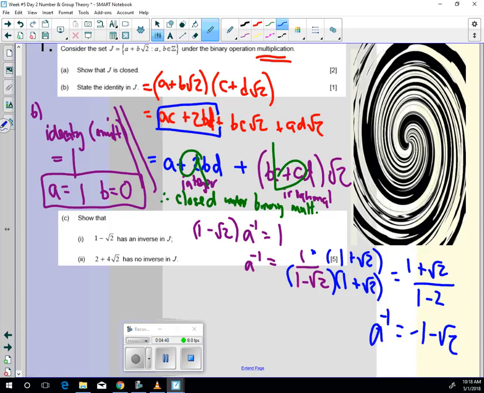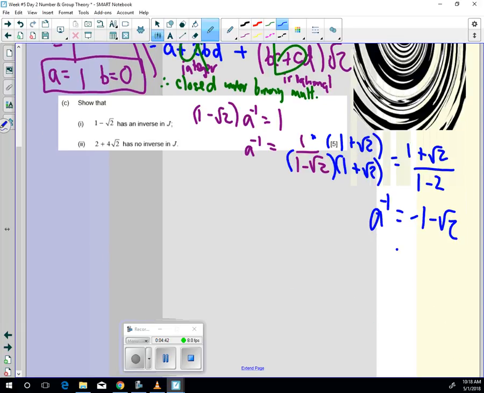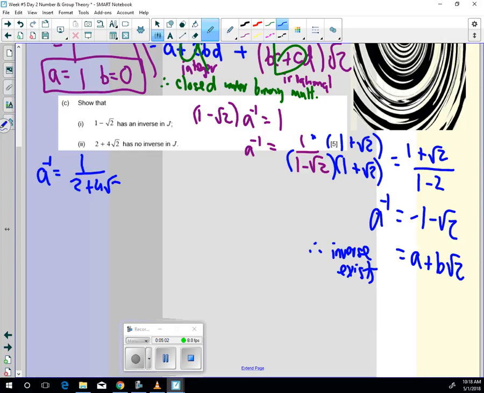Now, tell me, does that fit into the a plus b root of 2 format? Yes. So, therefore, inverse exists. Now look what happens when I do the same thing here. a inverse is 1 over 2 plus 4 root of 2. When I try that one out for size, I multiply top and bottom by 2 minus 4 root of 2.